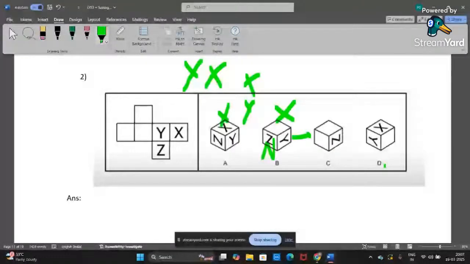Think it out. The correct option should be C or D. Let us find it out.